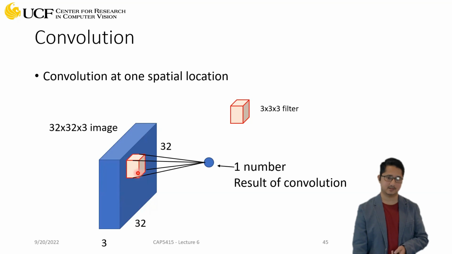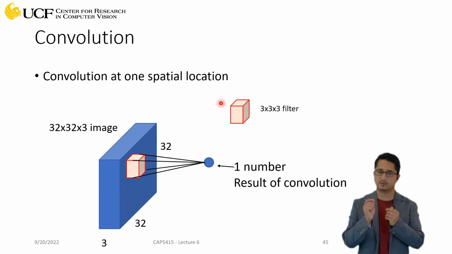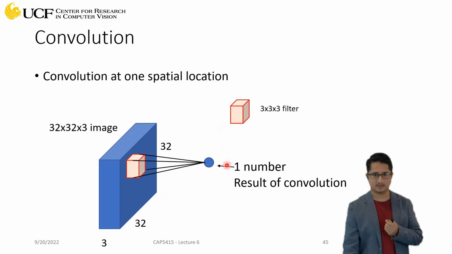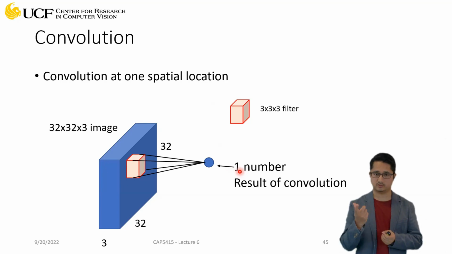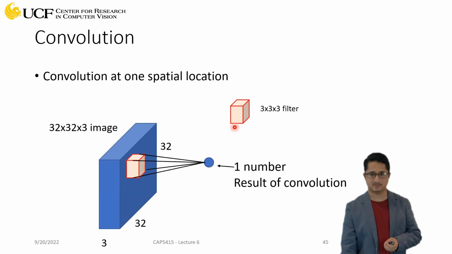If you place it at this location, you will have a 3 cross 3 cross 3 volume from this blue cuboid, and you have 3 cross 3 cross 3 values from this kernel. You just perform the element-wise multiplication, add those values, and that gives you just one number. So that's a very standard correlation or convolution operation, which we have seen a lot in this course. Instead of 2D, it's 3D. That's the only difference.